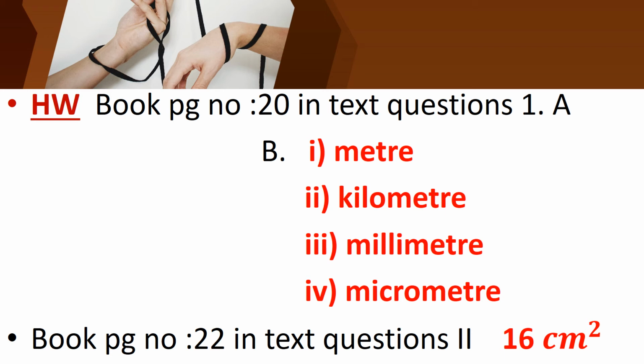While in the running competition, you will say 100 meter, 200 meter, likewise. So the length of the playground can be measured in meter. Okay children, write meter in that blank.